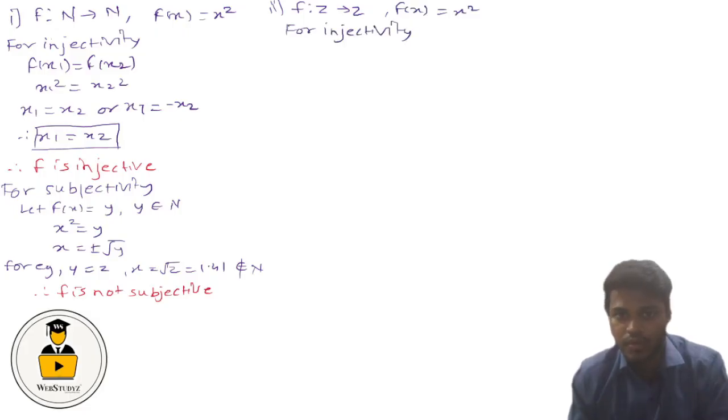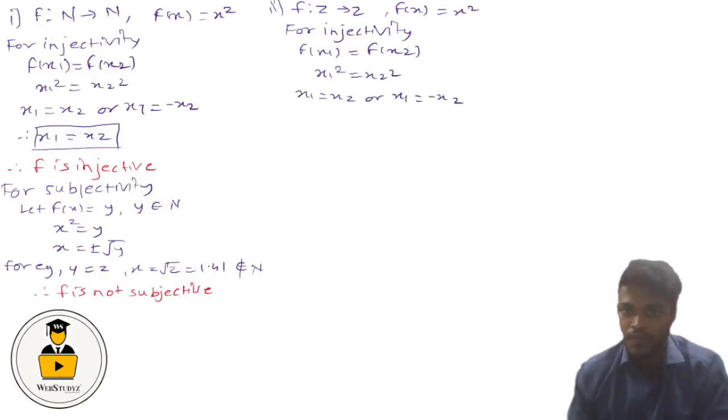For injectivity we will again check whether x1 equals x2. This will give us x1 square equals x2 square. So this will be x1 equals x2 or x1 equals minus x2.